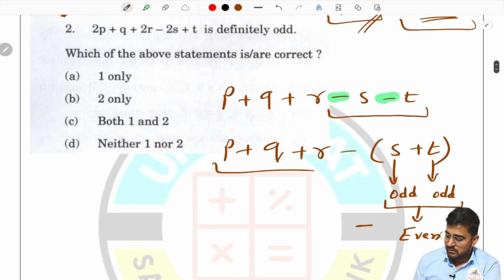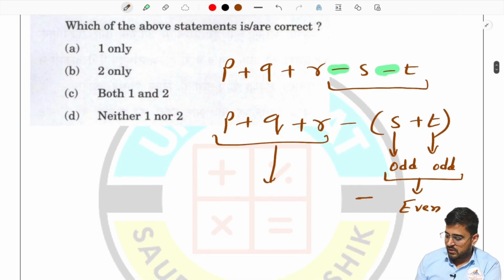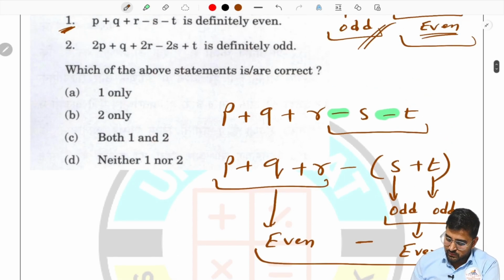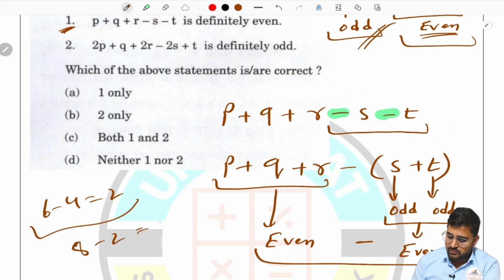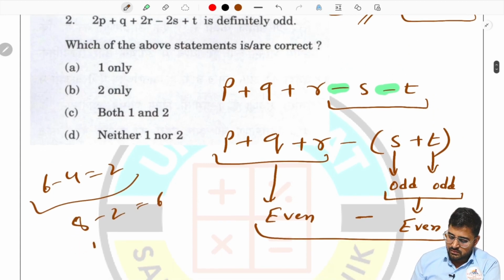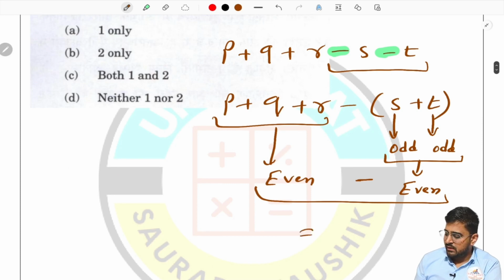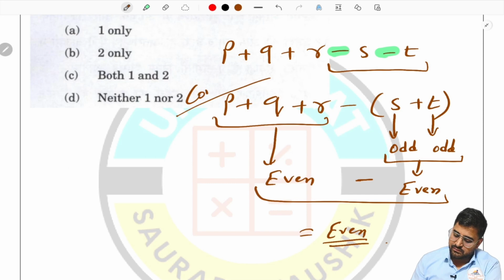What we have left is even. When you add all evens, it will give you even, meaning 2 plus 4 plus 6 gives you even. When you subtract them, it also gives you even only. For example, 6 minus 4 gives you 2, 8 minus 2 is equal to 6, 20 minus 2 is equal to 18. So you have even here. Very well. That's condition 1.